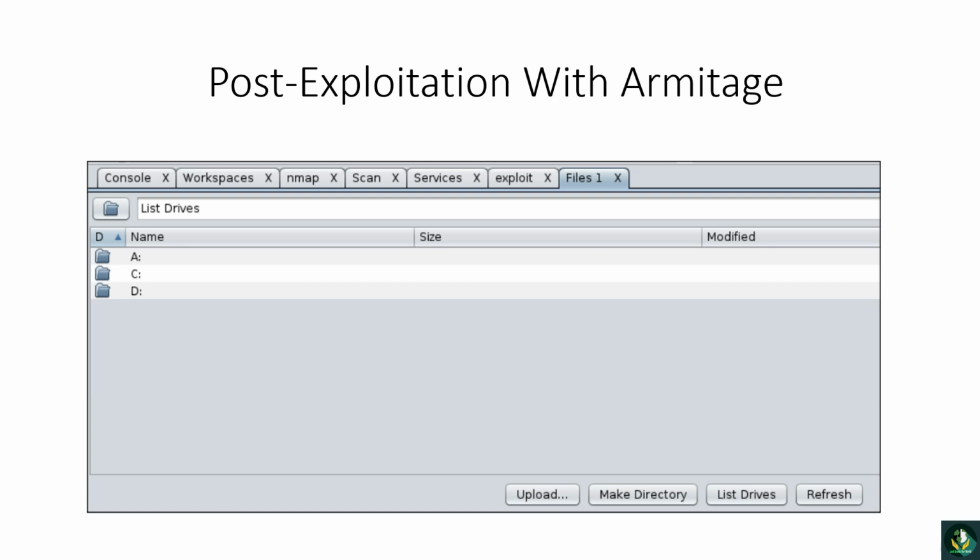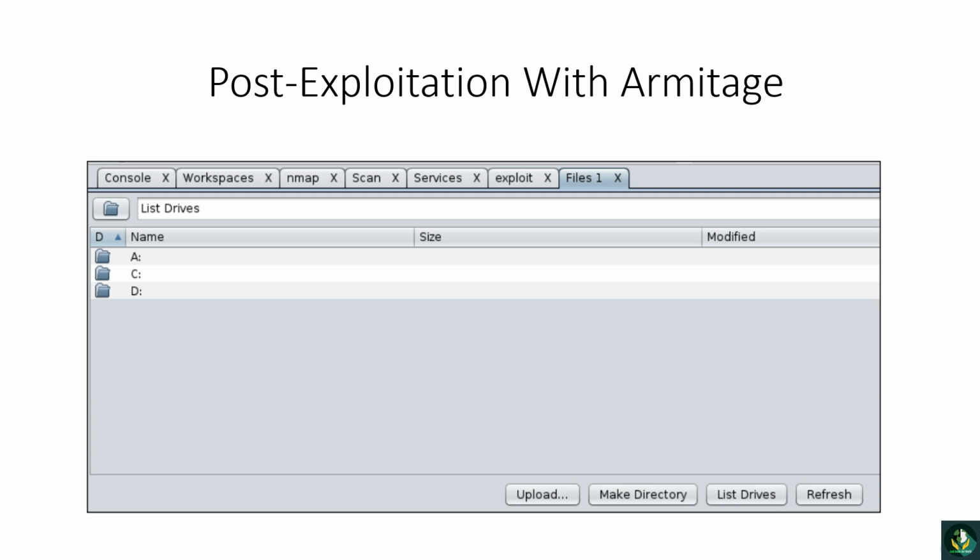That's why Armitage is very useful, because you can use it as simply as a couple of button clicks, because it's all GUI interface and it's very simple. So this concludes remote exploitation attack with Armitage.